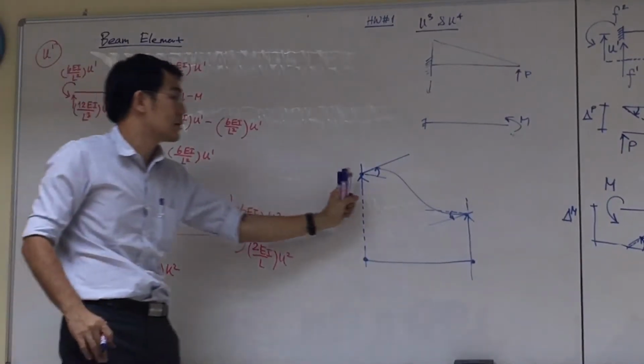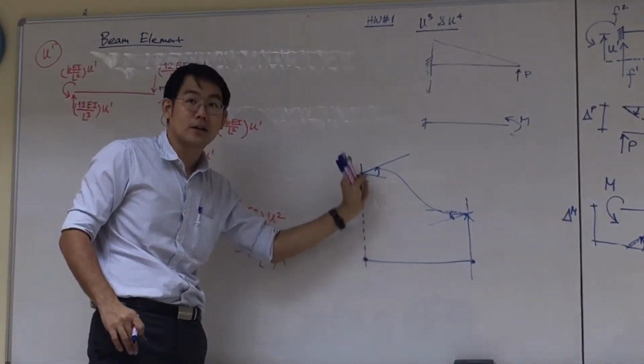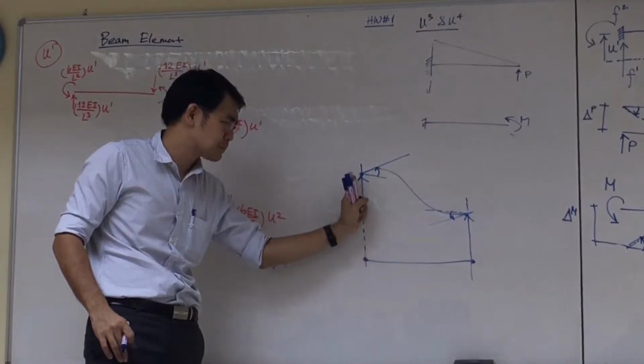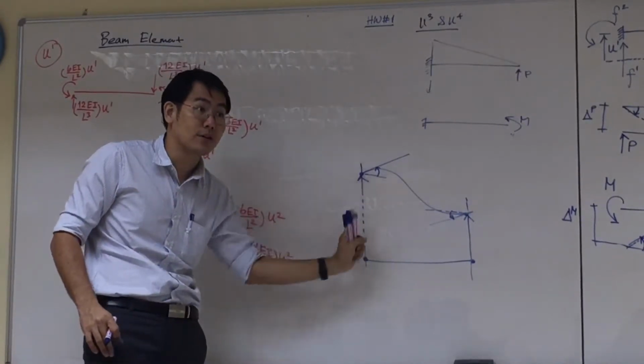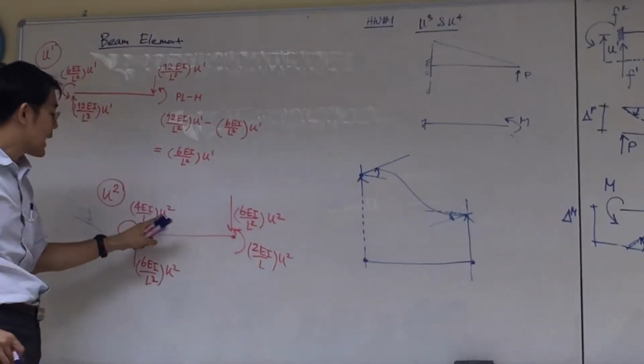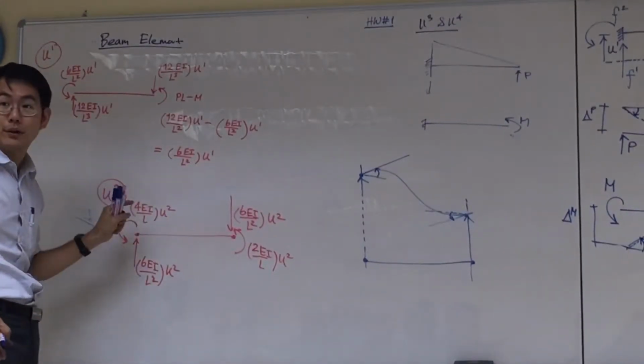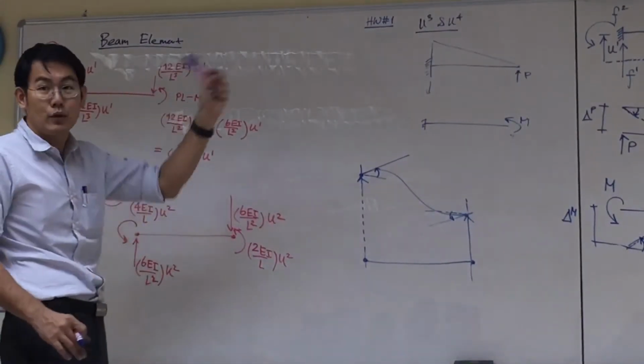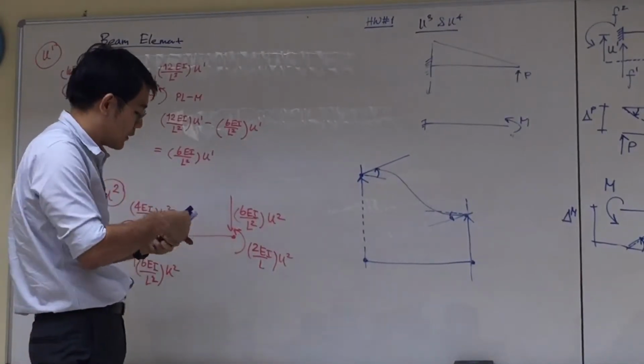So the effects from U1 is given here, that triggers this vertical force. If you apply U2, you also produce this. And then use U3 and U4 and so on.